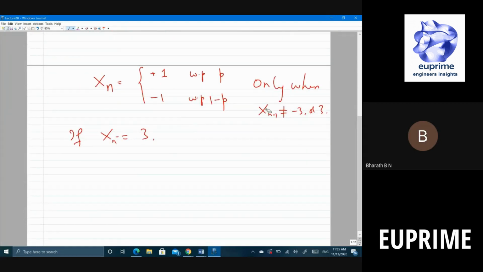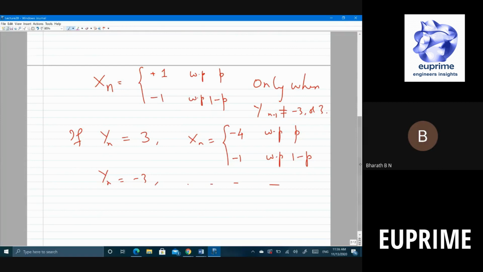I'll define yn-1 as the previous state in which the person is in. If it is not -3 or 3, then xn is +1 or -1. If yn-1 is equal to 3, what will xn be? It will be only -1 with probability 1 minus p, or a jump with probability p.